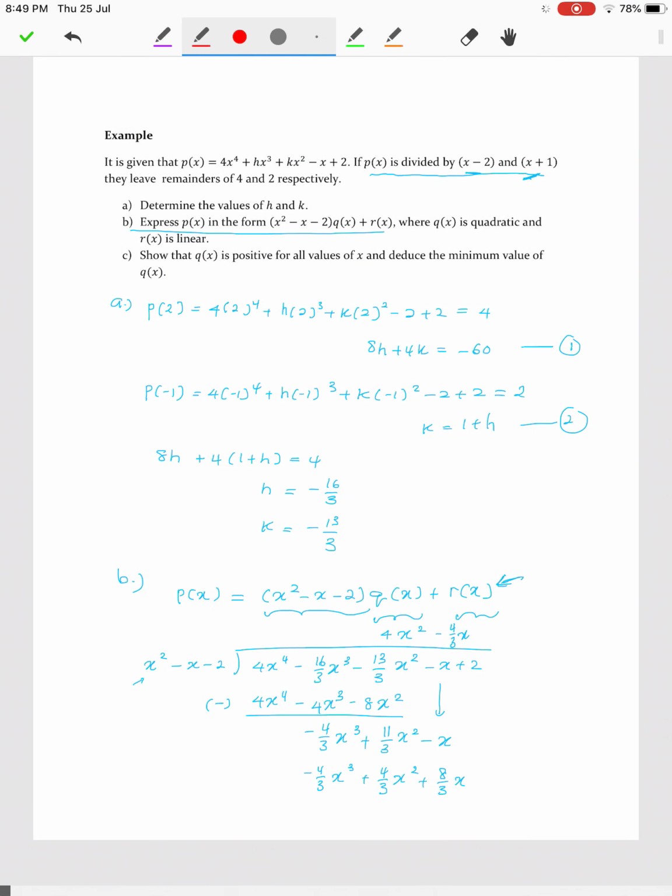Now we are left with question C, which is: show that q is positive for all values of x and deduce the minimum value of q. This part C is really testing your Form 4 Additional Mathematics knowledge, because q is quadratic.